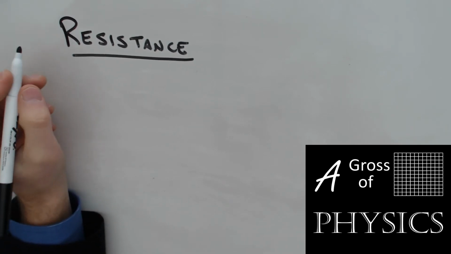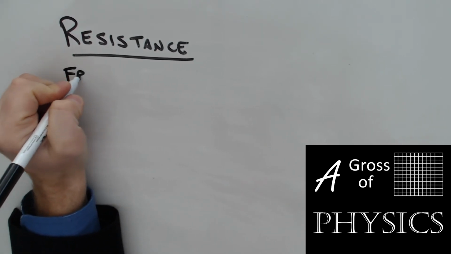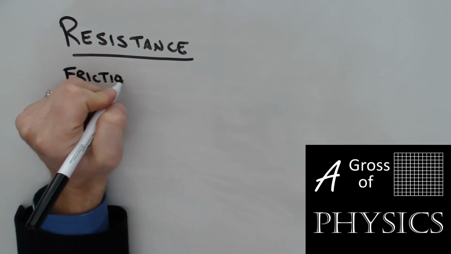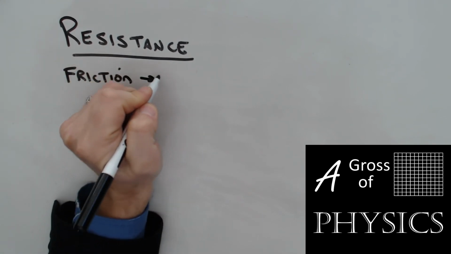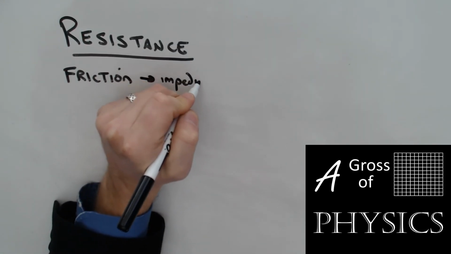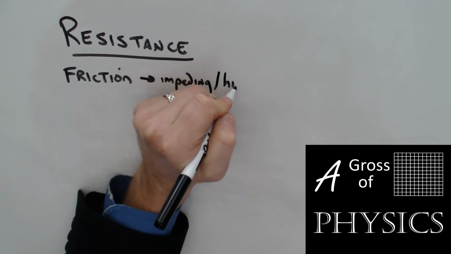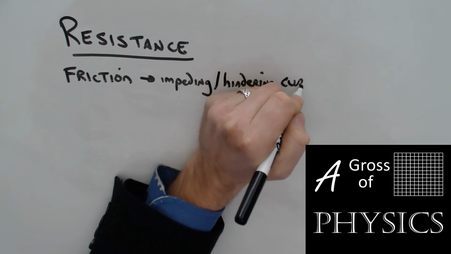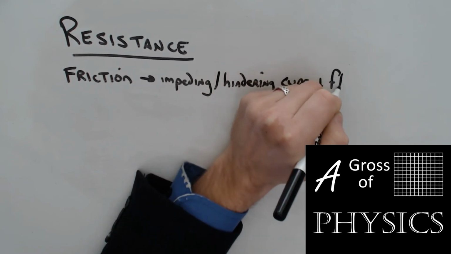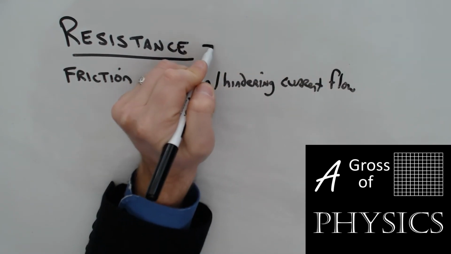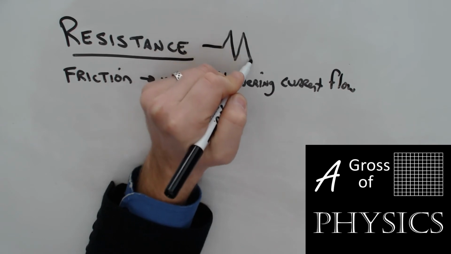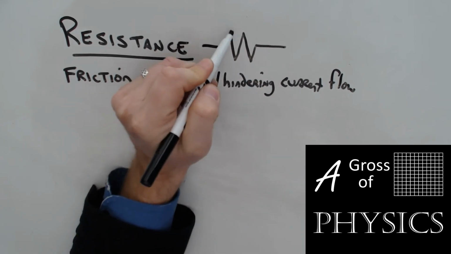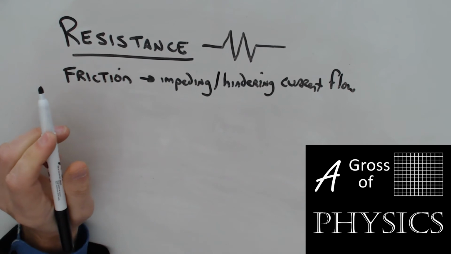Now, resistance in electricity is basically friction. It's a way of impeding or hindering current flow. When we use a symbol, we denote it with an up-down jagged line, almost like a heartbeat.